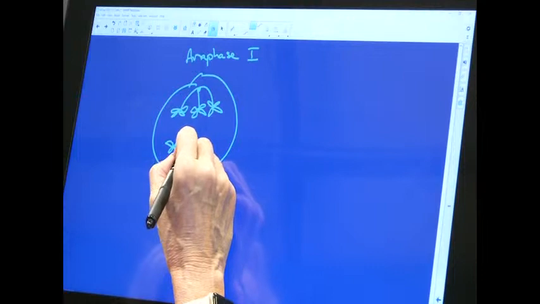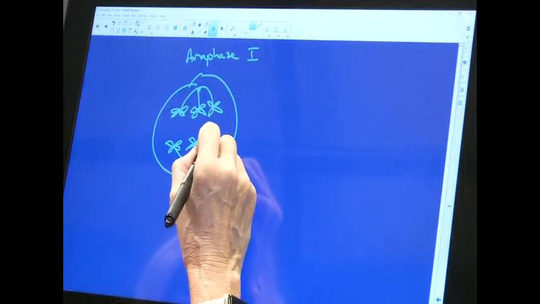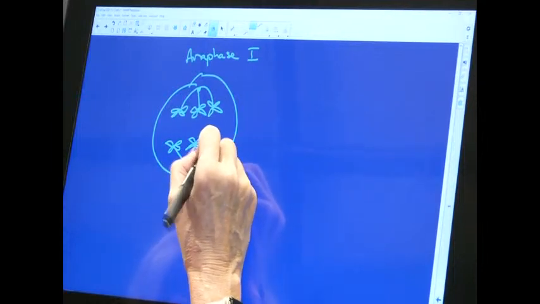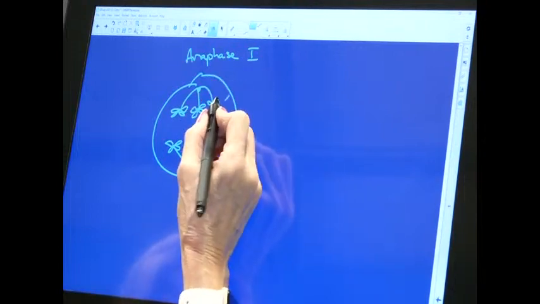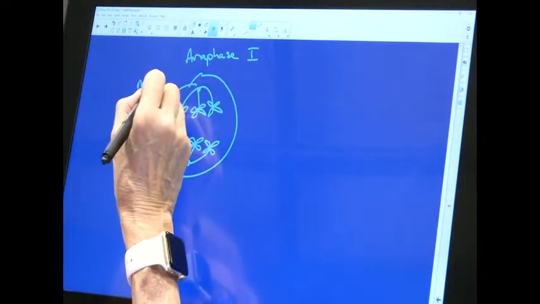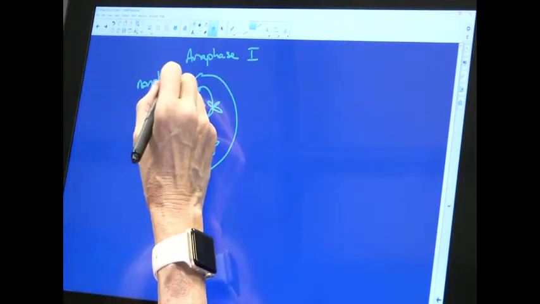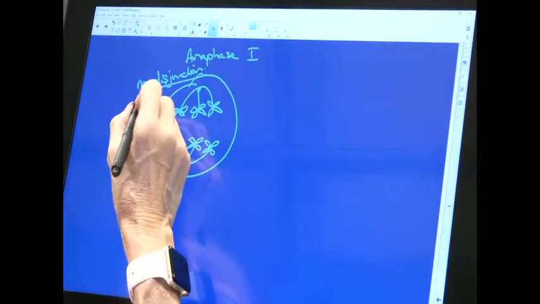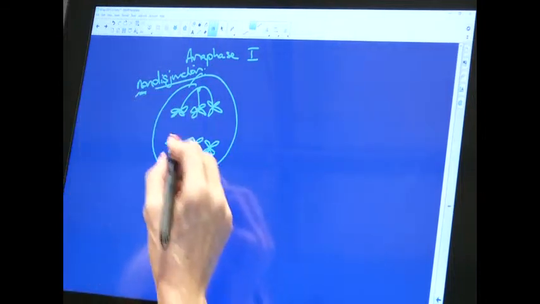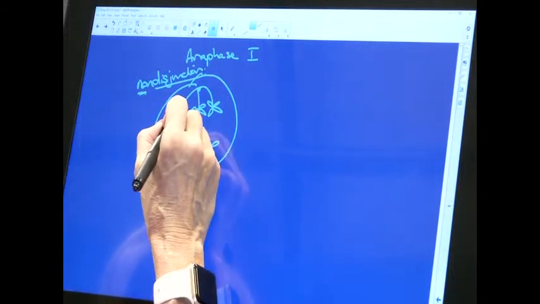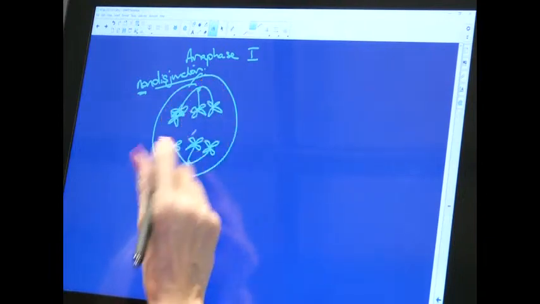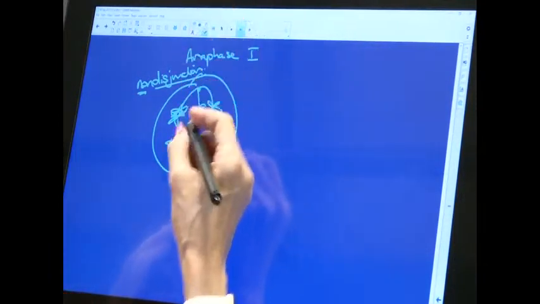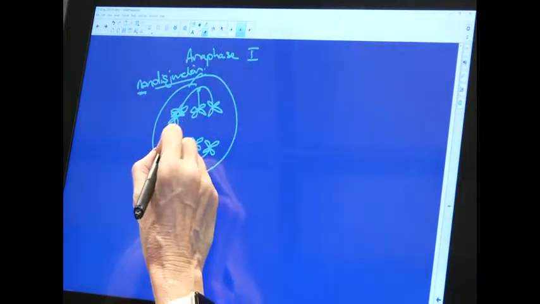This is normal. Okay? But when non-disjunction occurs, now disjunction means to separate. Non-disjunction means that they don't separate. So we end up with 2 chromosomes being pulled onto one side, and I almost used my finger to rub this out.